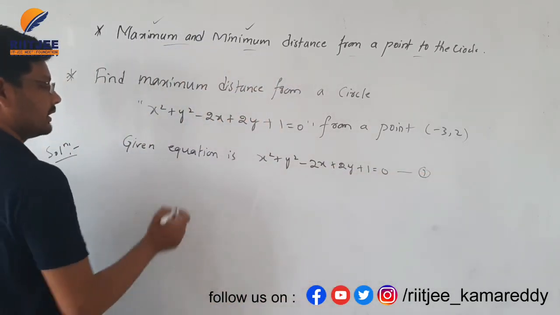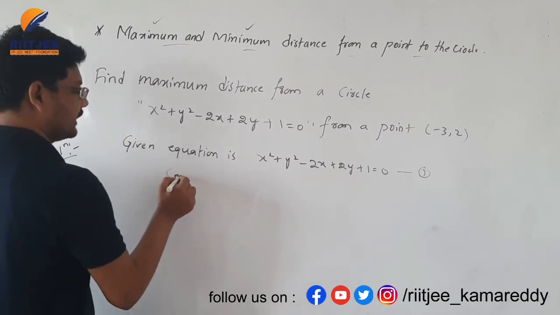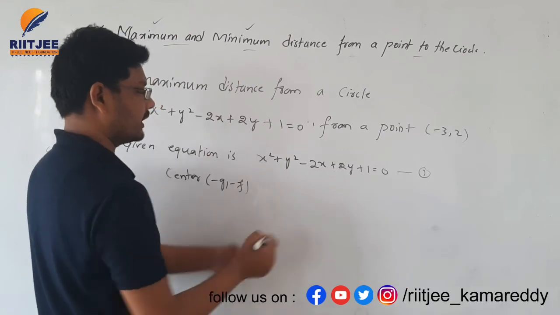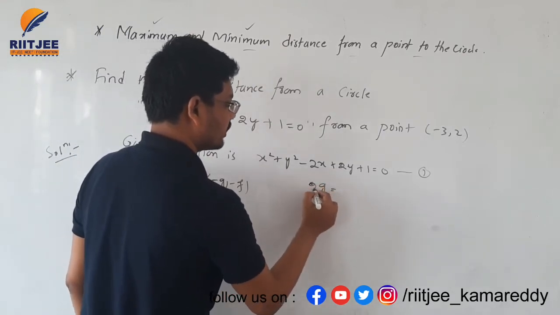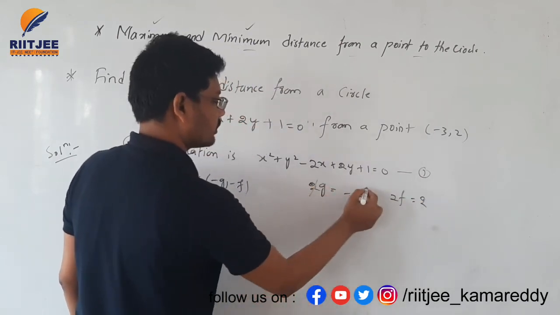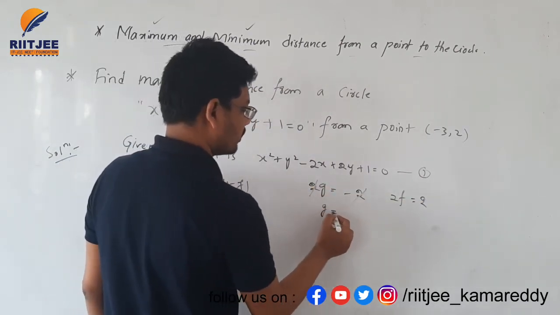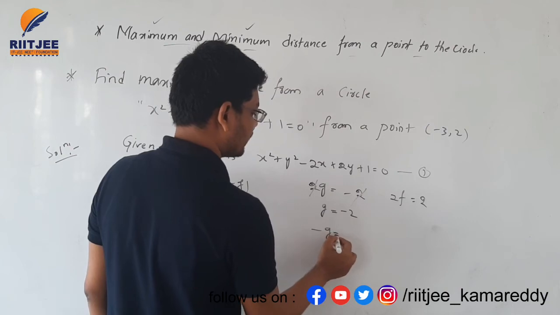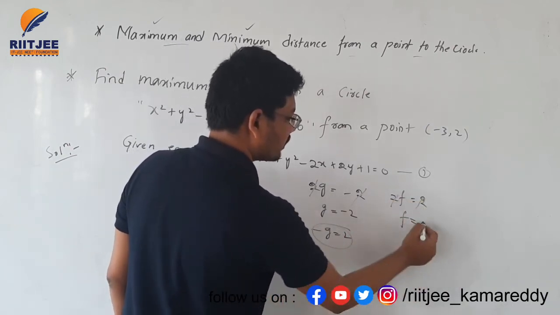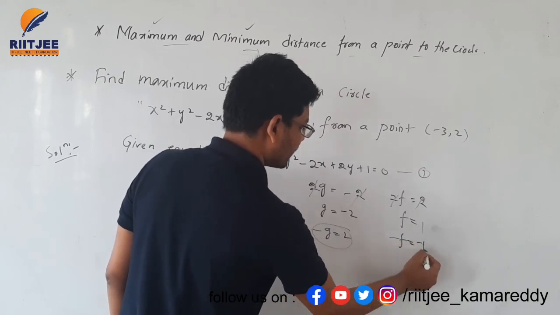From this equation, the center is nothing but (-g, -f). Here 2g is equal to minus 2, 2f is equal to 2. 2 gets cancelled, g is equal to minus 1, minus g is plus 1, and f is equal to 1, minus f is equal to minus 1.